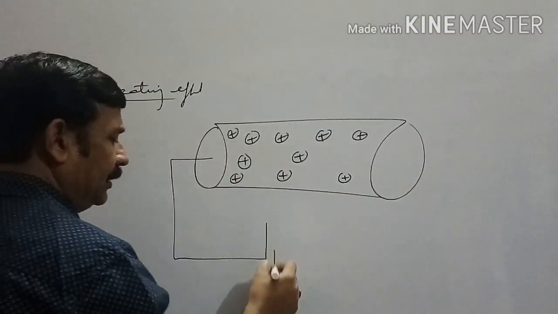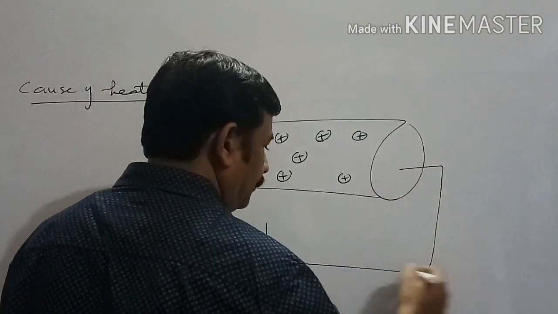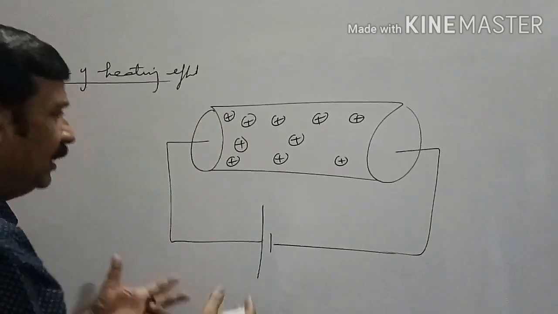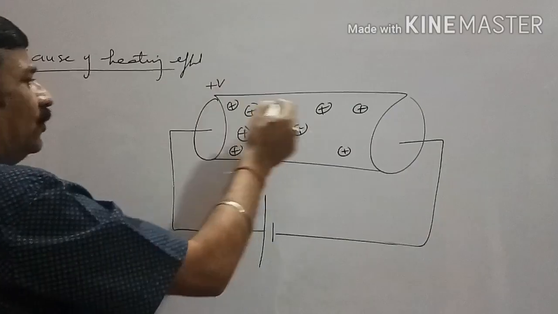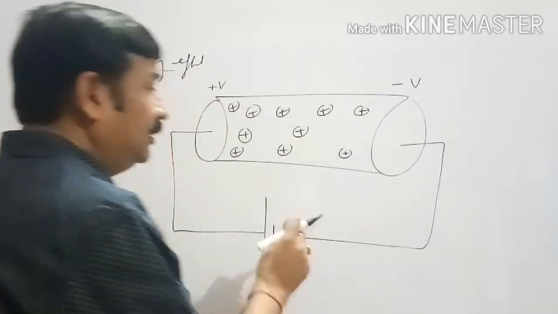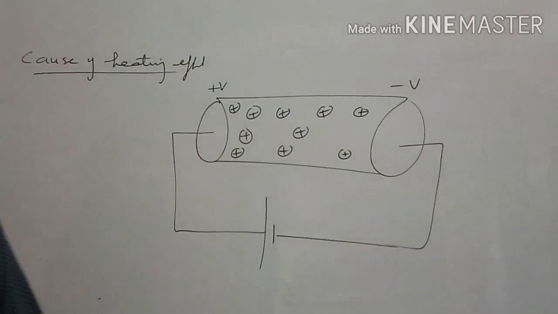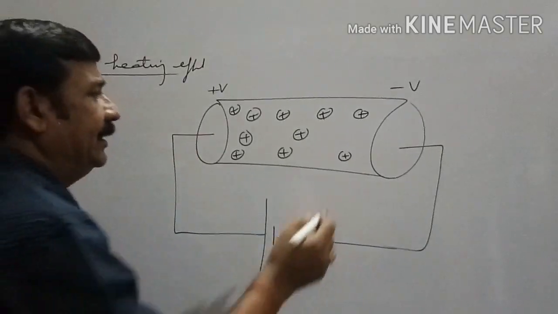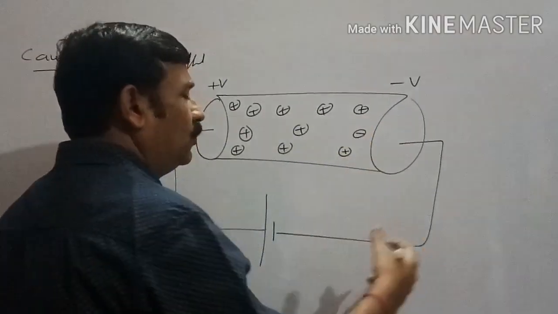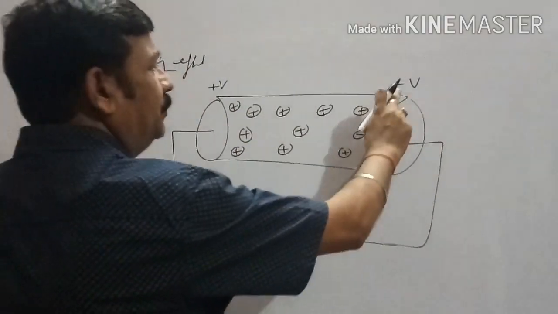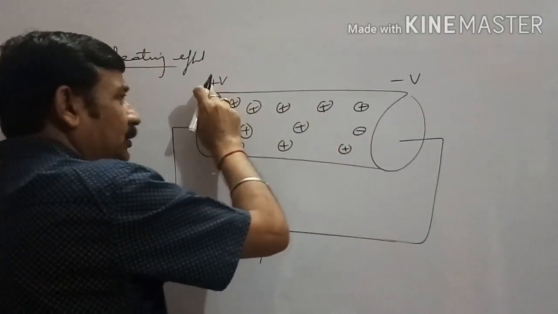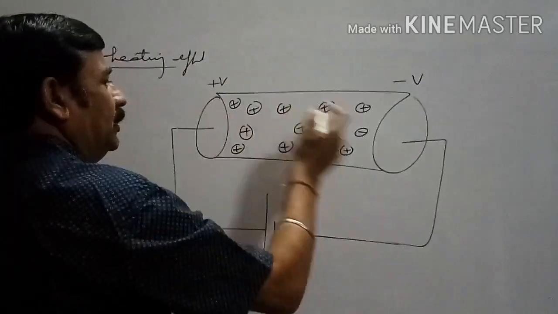When we connect the conductor with a cell, what happens? The cell creates a potential difference across the two ends of the conductor. This is the only role of the cell. As potential difference is created, electrons are forced to move from negative potential to positive potential, from low voltage to high voltage.